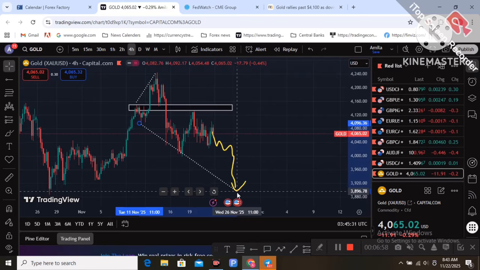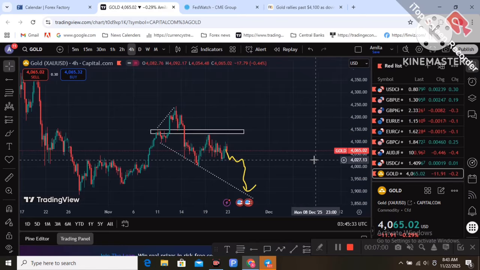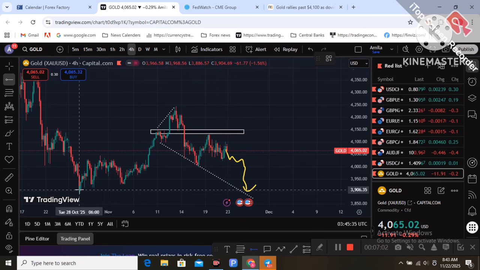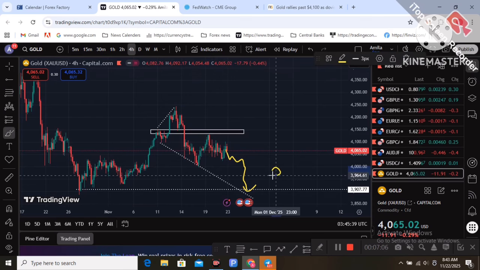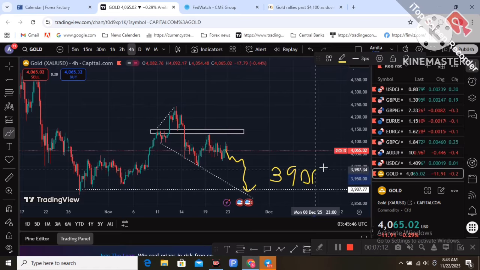The next level target is below the trend line. 3900 is the gold sell side target next week: below the trend line and below the support level. So I am on the sell side, but you should wait to get the trade.